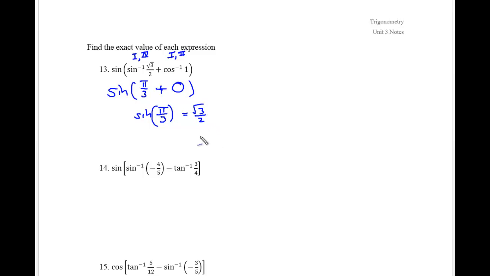Where things get a little tough is that this example shows you how to find things, but now we have problems that aren't findable on the unit circle, so we're going to take a different approach. For problem 14, and problems 15 and 16, I'm going to draw triangles.